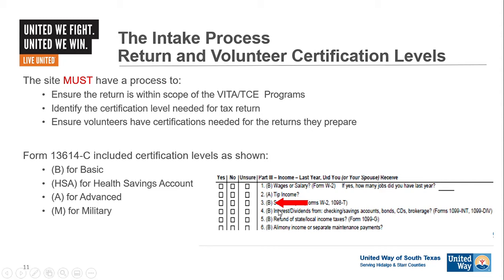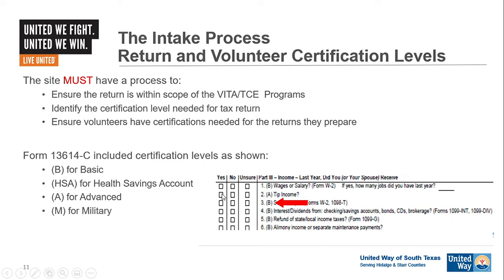In this form, there will be these questions for the taxpayers. The taxpayer will answer, did you get any wages or salary? And they would put yes or no. If they select yes here, a person with the basic certification level can do this return. But if they put tip income and select yes as well, somebody with an advanced certification level needs to do this return.